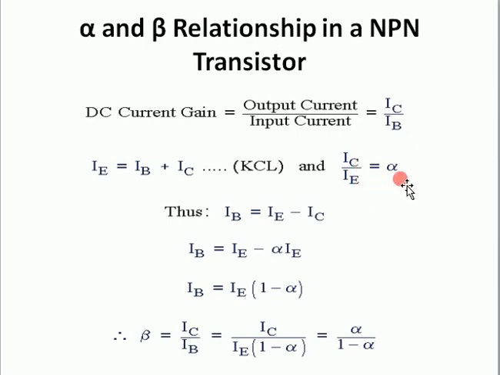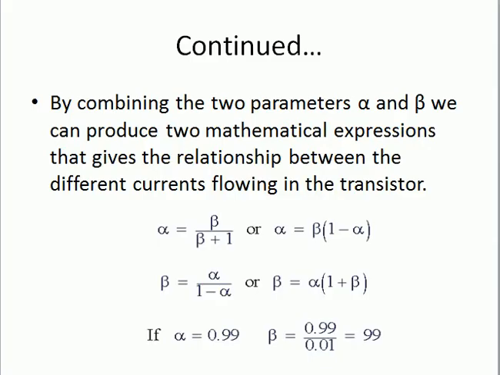So alpha may be equal to unity or less than unity. Similarly, as we have the value of alpha, we can get the value of beta. If alpha is equal to 0.99, then beta will be equal to 99. So this gives us the relationship between alpha and beta.